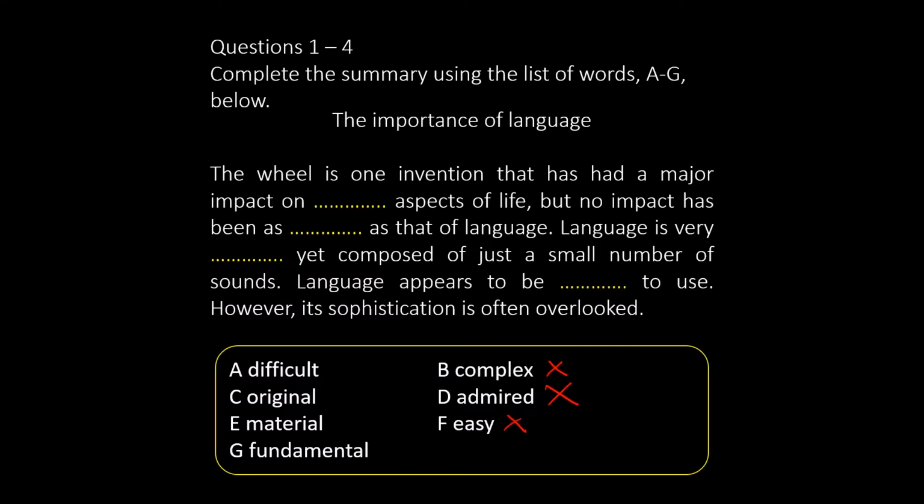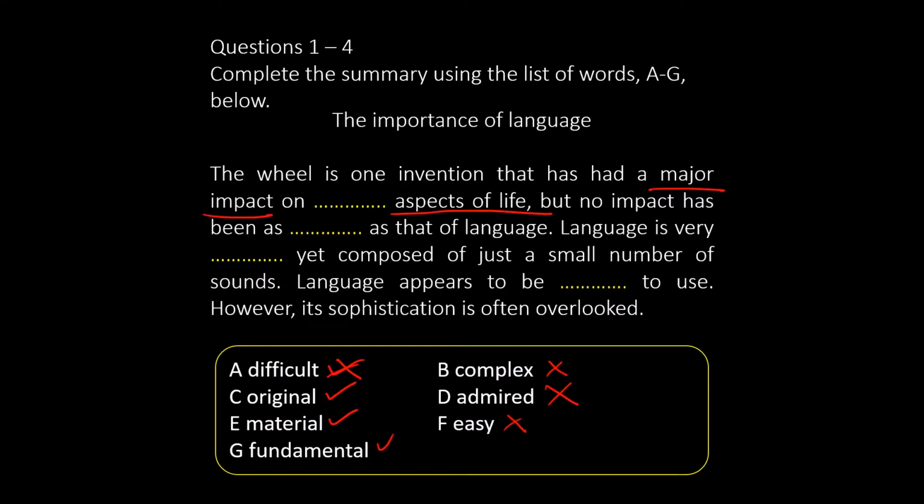It could be a difficult aspect, or maybe not, because it's not an aspect we can expect here. We can expect an original, material, or fundamental kind of aspect. So, see, predicting will help you look for the answer, not just from the options: something which is a major impact and an aspect of life.